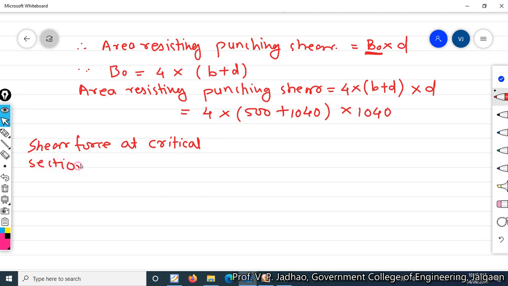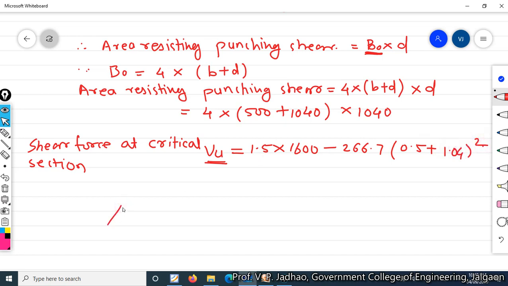The shear force Vu will be equal to our load, 1.5 multiplied by 1600, minus the upward soil pressure in kilonewton, 266.7 multiplied by (0.5 plus 1.04) squared.